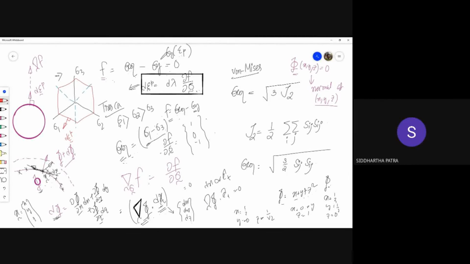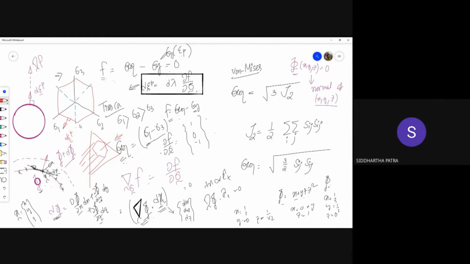Of course, it's not a hexagon, it's actually a hexagonal prism, the yield surface, and we are looking at its projection along the hydrostatic axis, on the deviatoric plane. We discussed this a lot in one of our previous classes. So in that plane, it would simply look like it is normal to this side over here.